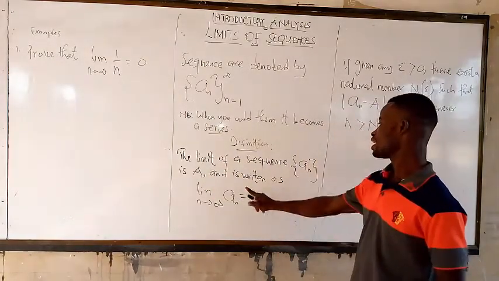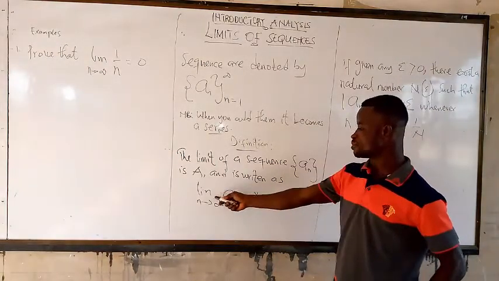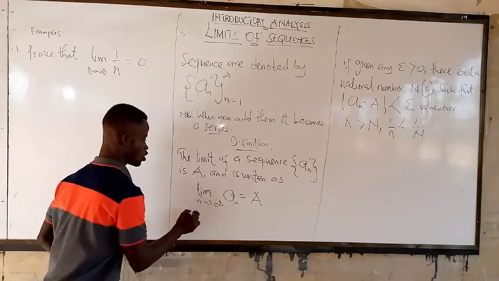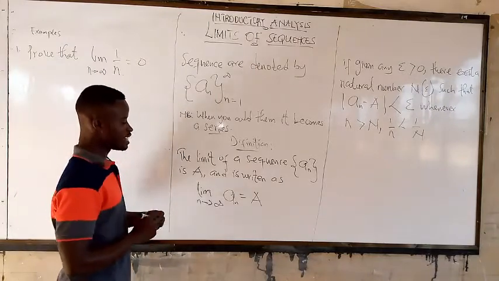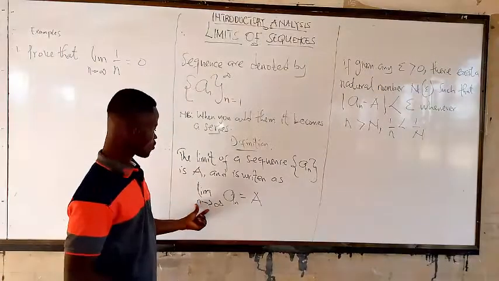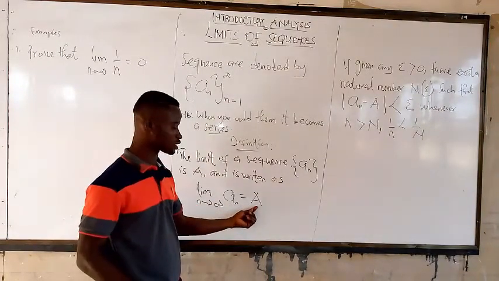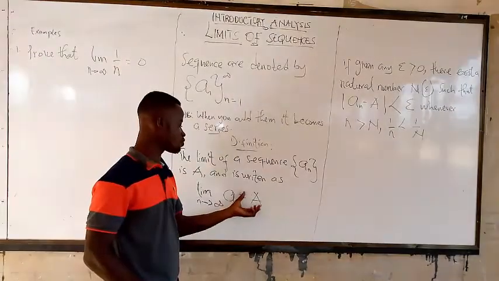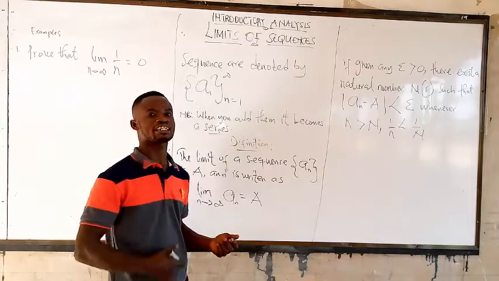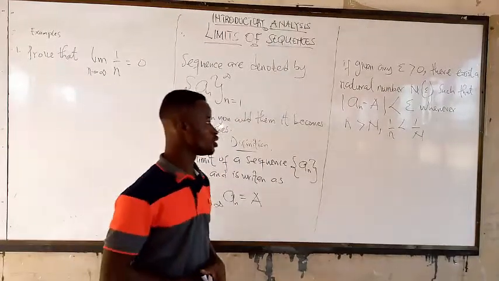What we are saying is that when we take the limit of this sequence, where n goes to infinity, the result is going to give us a. This a can be any number. It can be 2, it can be 3, it can be half, any of it.